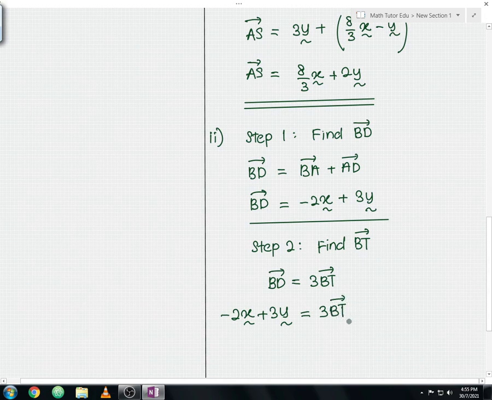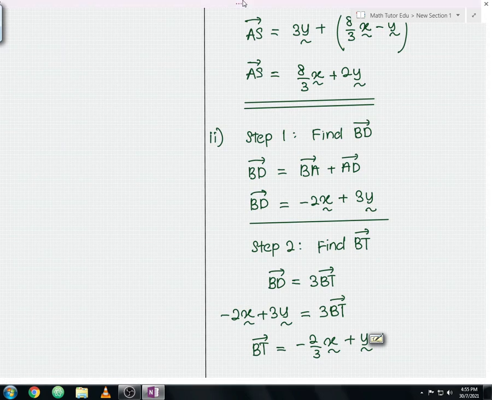To find the vector BT, you divide vector BD by 3. So you should get vector BT is equal to negative 2 over 3 x plus y. So this is your second step. Let me underline the vector BT.